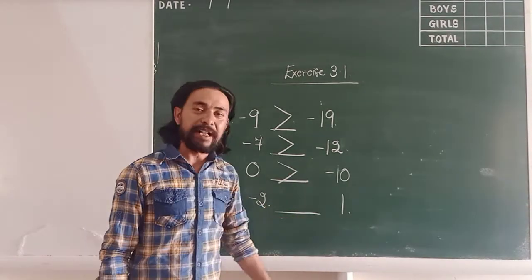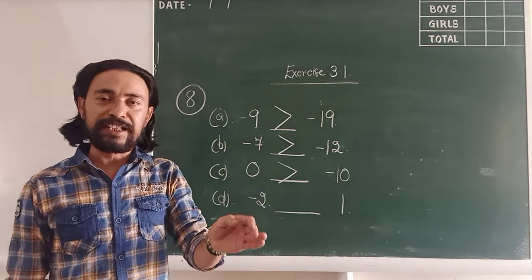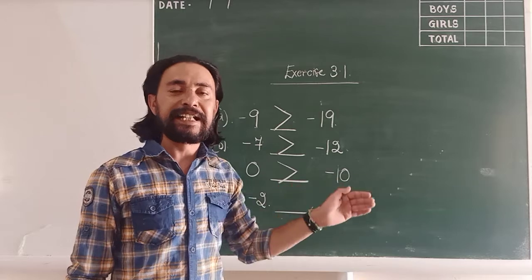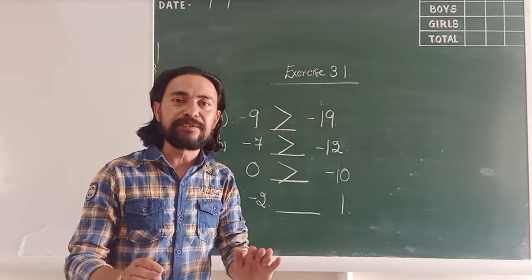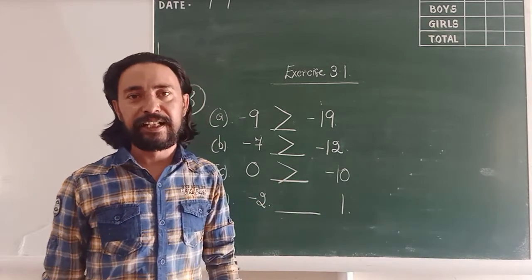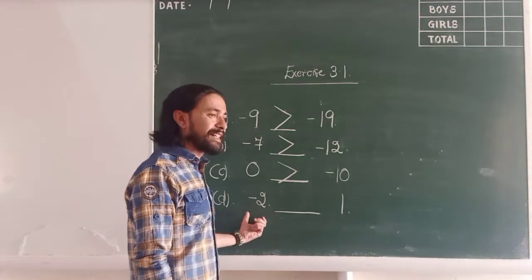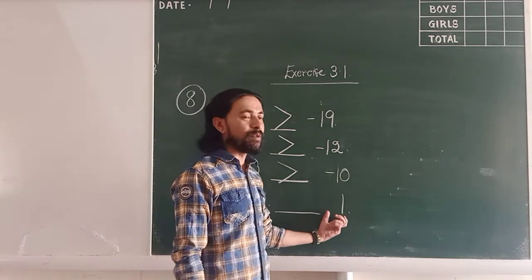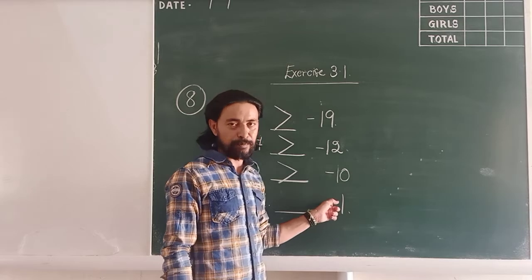Minus 2 and 1. One negative, one positive. And as I have told you, all positive integers are greater than negative integers. It is a fixed rule. Positives are always greater than negatives, no matter what the number may be. So minus 2 is a negative integer and 1 is a positive integer. And once again I am reminding you, we do not put a sign for a positive integer.